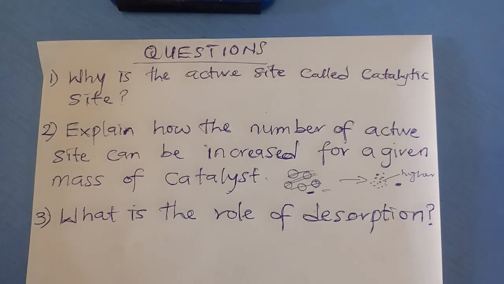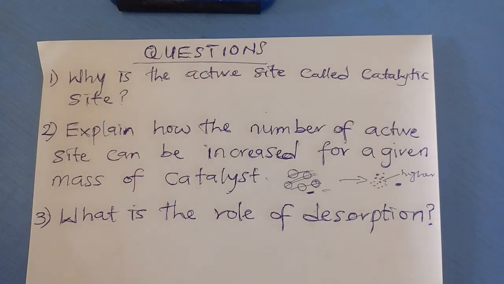When a molecule binds on the surface of the catalyst, where you have the active site, that already decreases the number of active sites available for reaction. So when the molecule turns to a product and the new product is formed and then desorbs away from the surface of the catalyst, that simply means the number of the active sites will be increased.